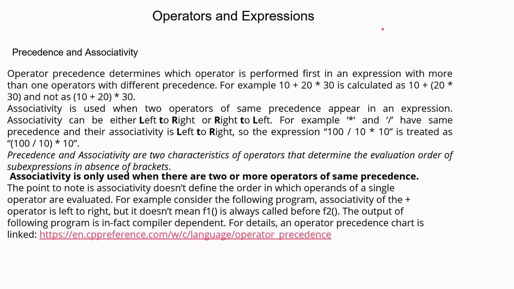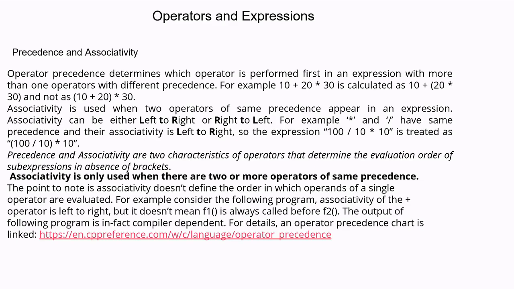Operator precedence. Operator precedence determines what order operations are performed in C. It's similar to when you were learning math in school, PEMDAS. C has its own way of doing that, which is by and large compatible with that.